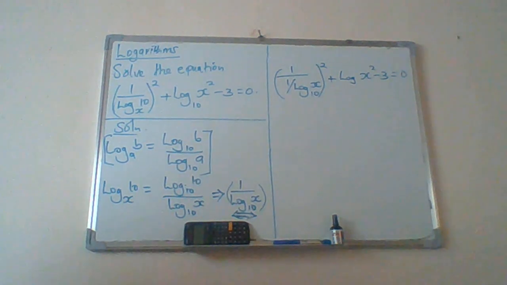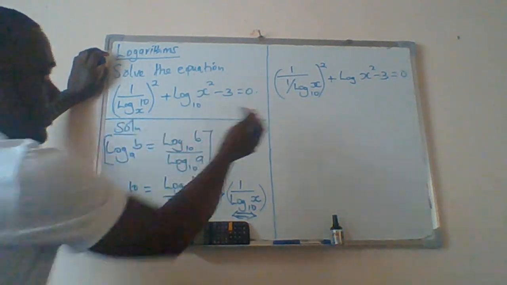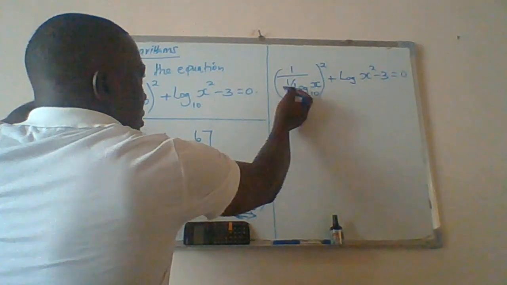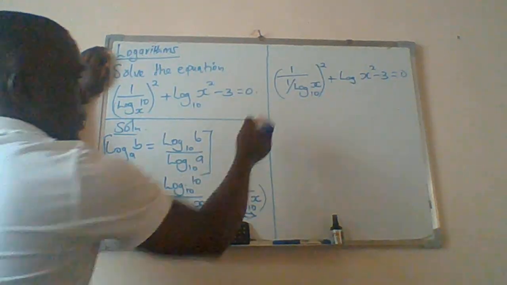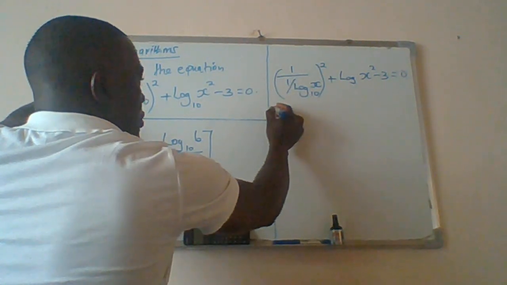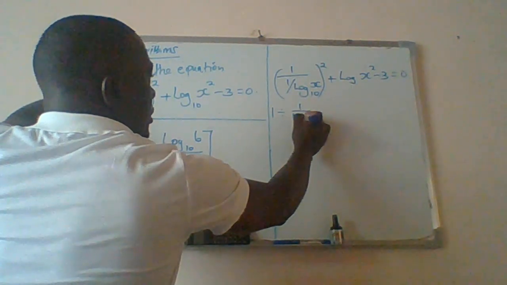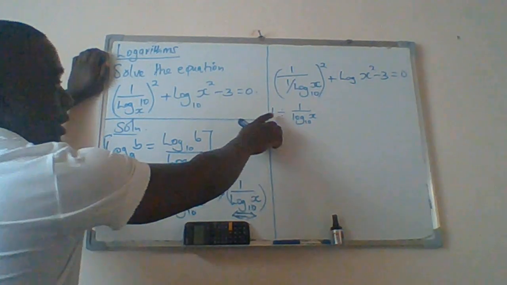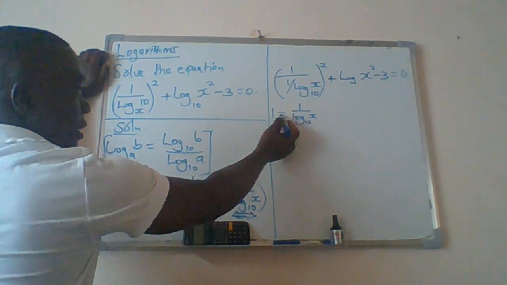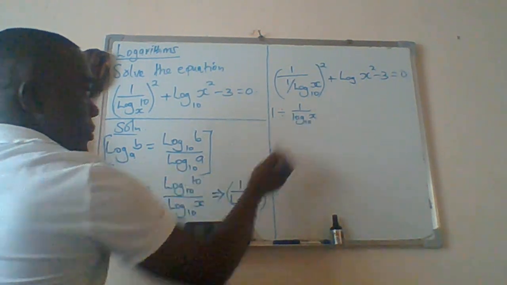Then from that part, we can solve the region inside this bracket. We can write this statement as 1 divided by 1 over log x to base 10. When we are dividing by a fraction, we convert it into multiplication by changing it to its reciprocal.